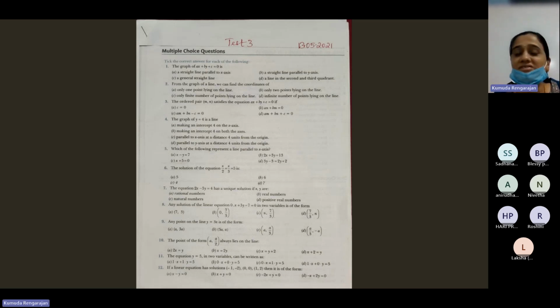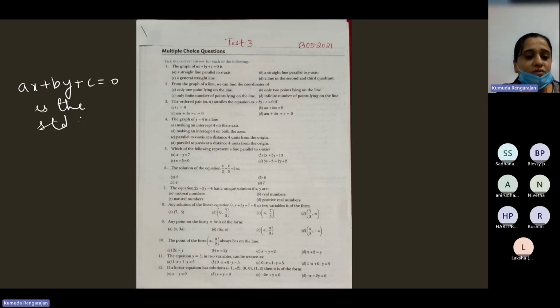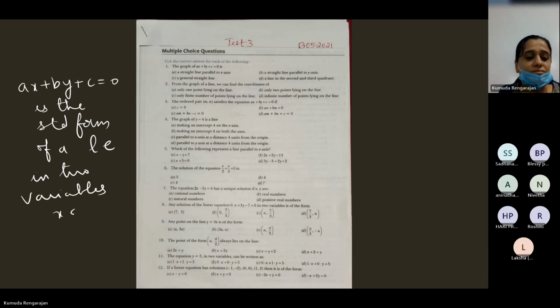Ax plus by plus c is equal to 0 is the standard form of a linear equation in two variables x and y, right? Let's just write an example of a linear equation in two variables x and y.